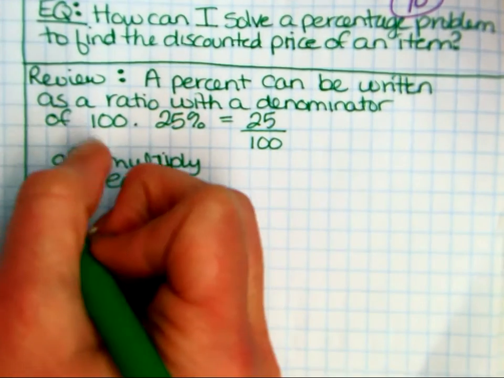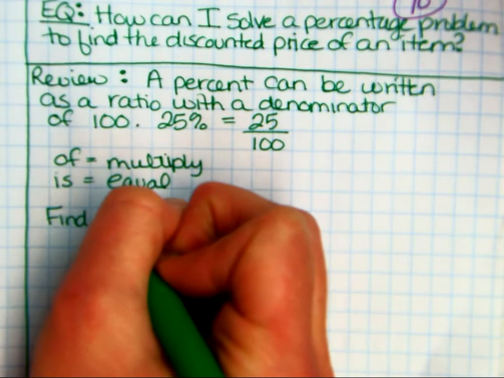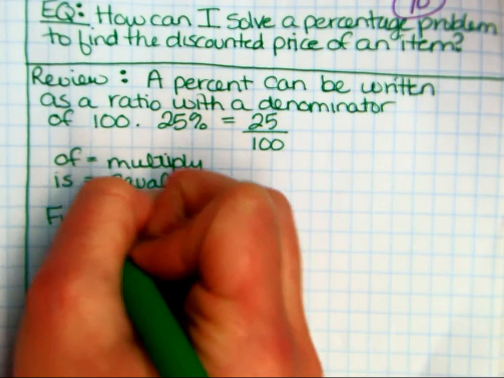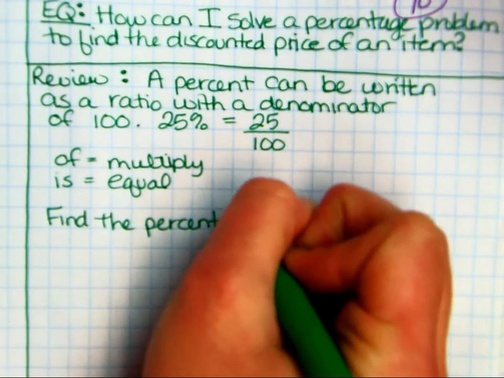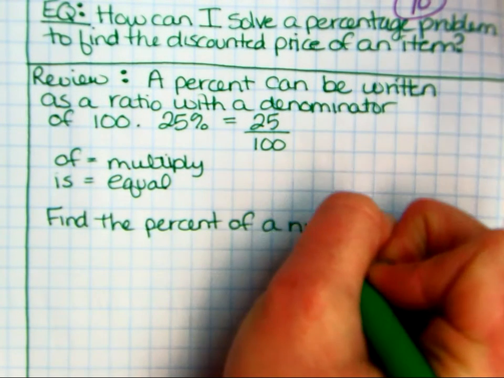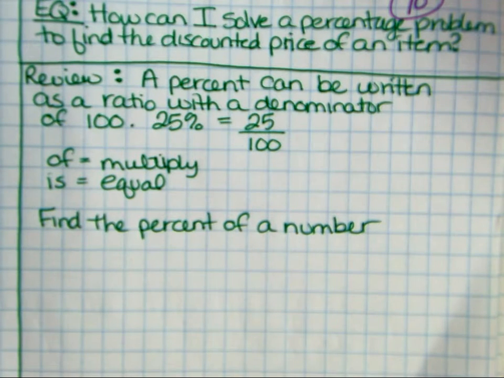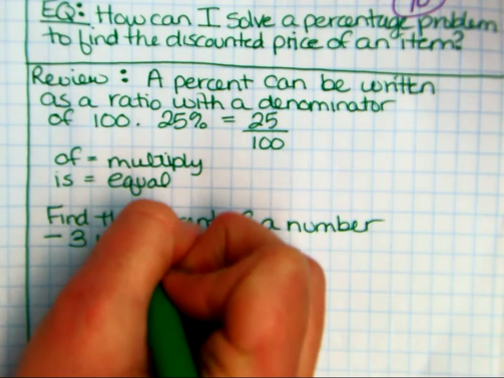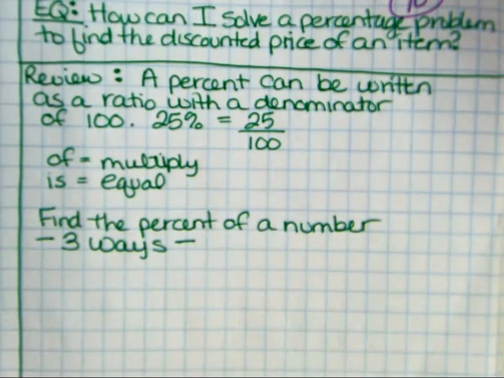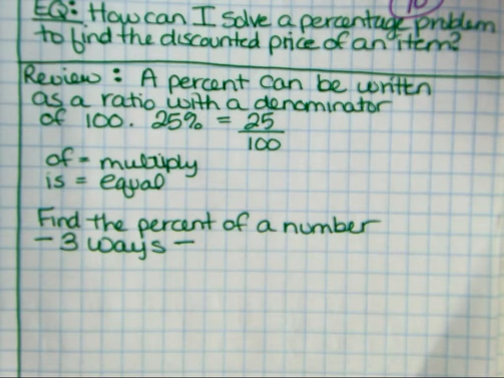Now, let's remember how we find the percent of a number. So finding the percent of a number, we can do that in 3 ways. I bet you don't even realize that you know how to do this 3 different ways. Well, let me show you.